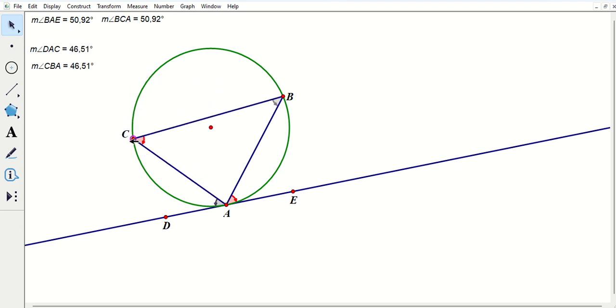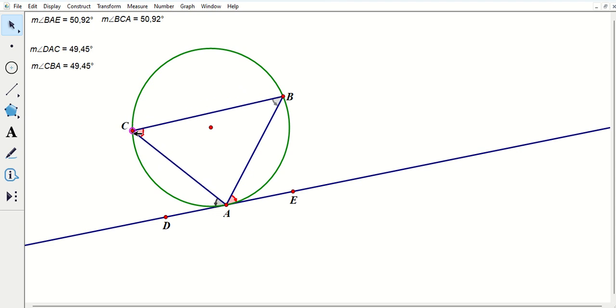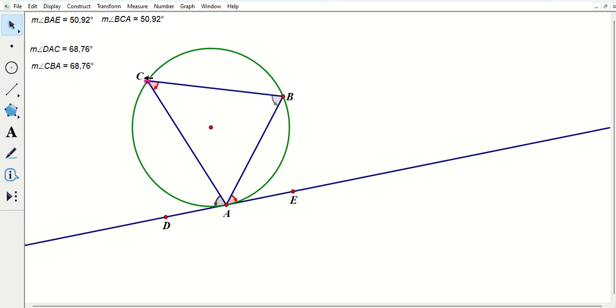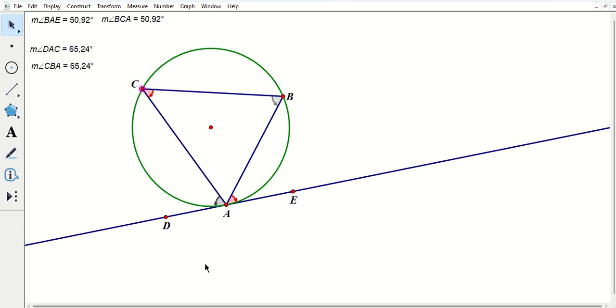Let's see. We've managed to move and reduce C, but angle C stays the same. But when B is reduced, the gray angle at A is also reduced, and when it's increased, the same thing happens at B. So meaning that the angle formed by the tangent and the chord is equal to the angle subtended by the same chord that is forming the angle with the tangent.